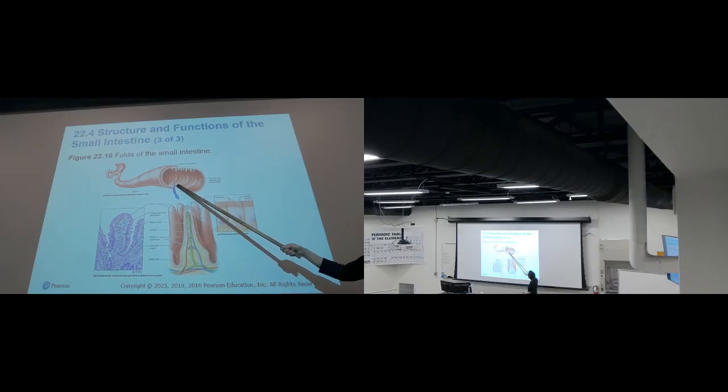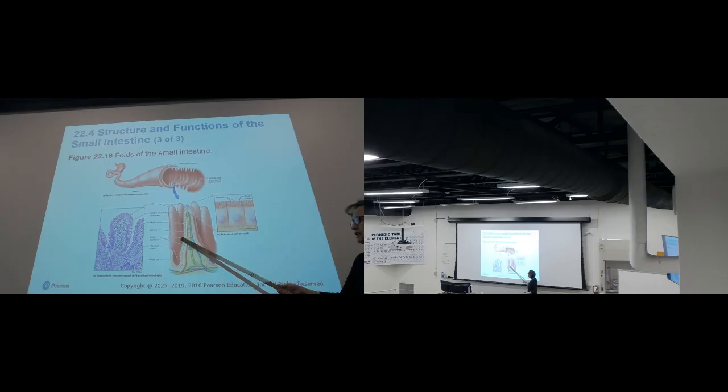Now, if you magnify one of these plicae circulares, what you will be able to see is the epithelium, which is just like the one from the stomach, simple columnar epithelium with goblet cells.